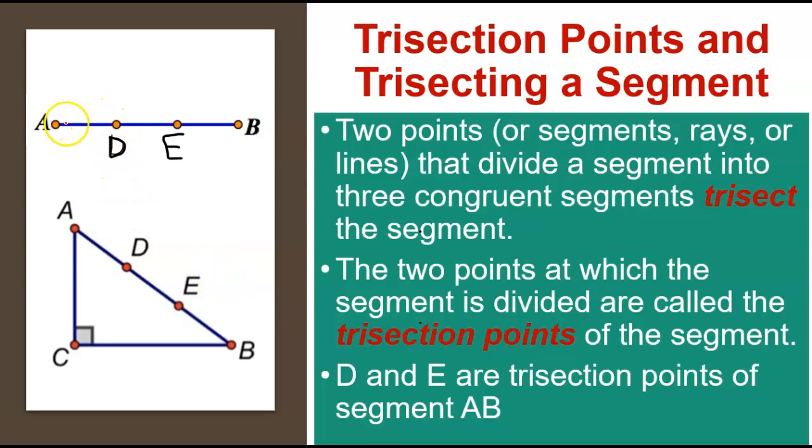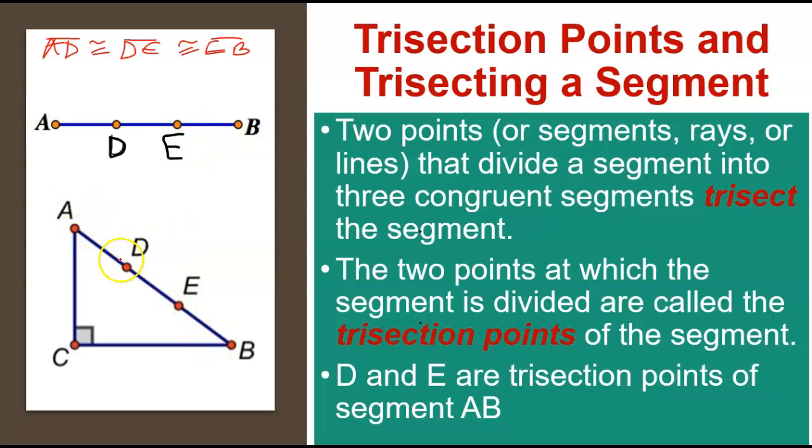So here, segment AD is congruent to segment DE and is also congruent to segment EB. So D and E are the trisection points that trisect segment AB into three congruent parts.